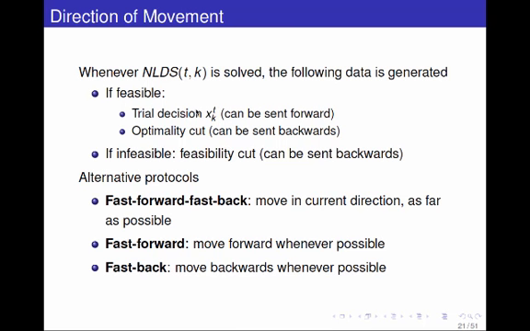And that's called a fast forward. Another protocol is if you can go backward whenever you have enough data. That's called a fast back. So there's different ways you can traverse the tree. The way I showed you is scanning all of the nodes first before you make a step forward and the other way around.